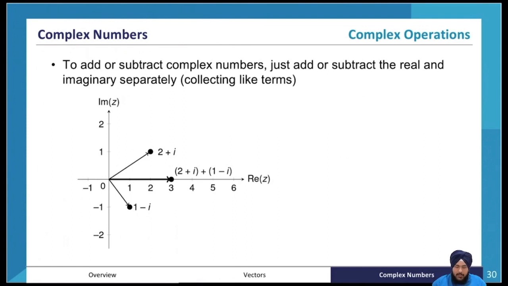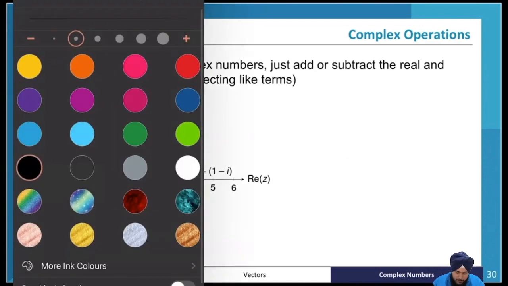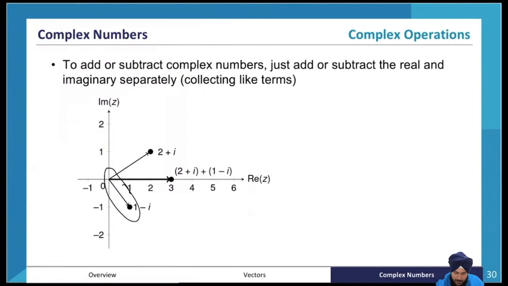So if we technically think about this, if we're adding 2 plus i and 1 minus i, and if we shift 1 minus i to over here, because remember with vectors, it doesn't matter where they start from, as long as they have the same direction and magnitude, they're the same vector. What do we get? We get 2 plus i plus 1 minus i. That's what we get, that complex number. So just trying to show you the familiarity here.